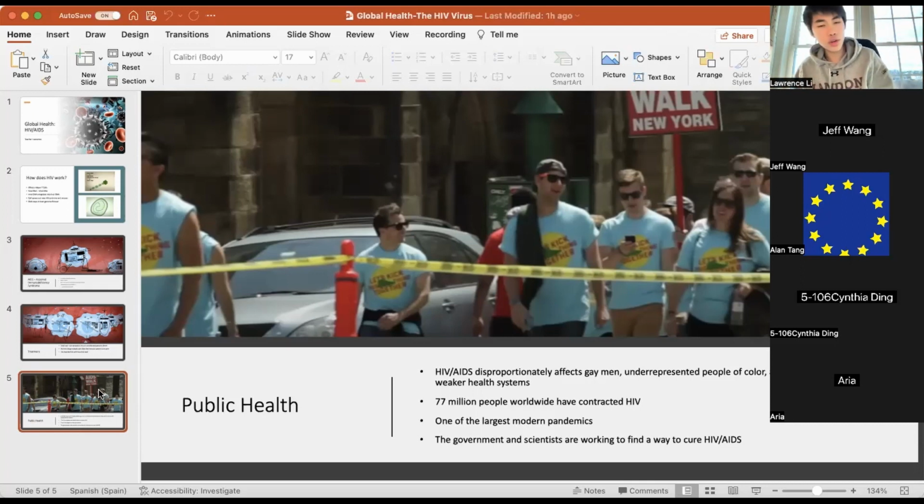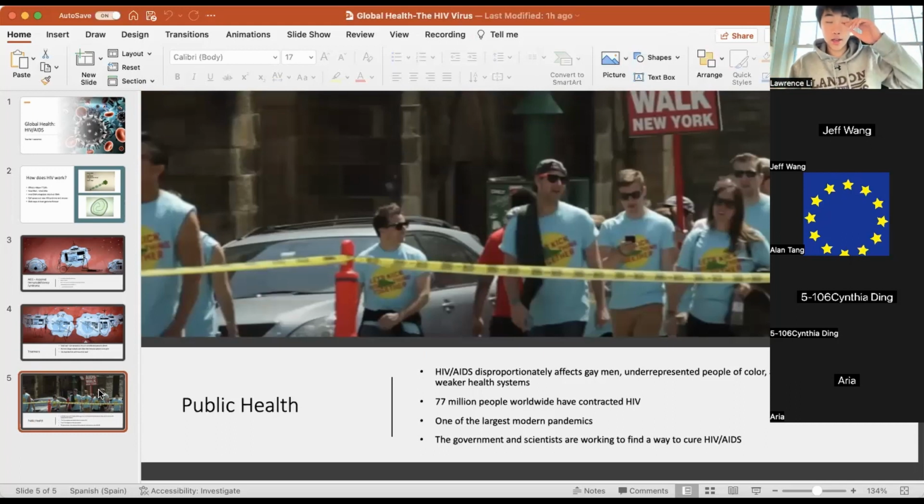Right. So a couple things about public health. HIV/AIDS, like many diseases, disproportionately affects certain populations. If you think about nearly all diseases, a recent disease like COVID-19 disproportionately impacts people of low income in countries with weak health systems and low capita per individual and weak healthcare and such things.